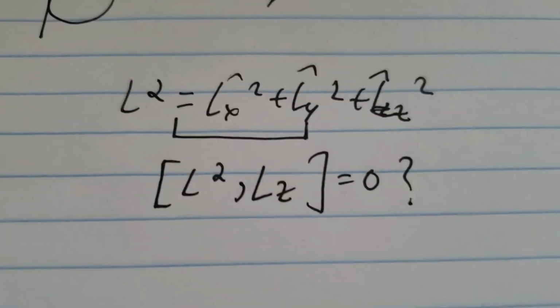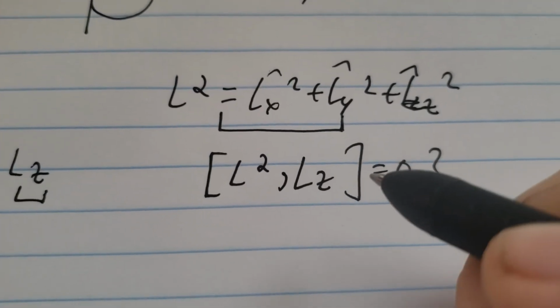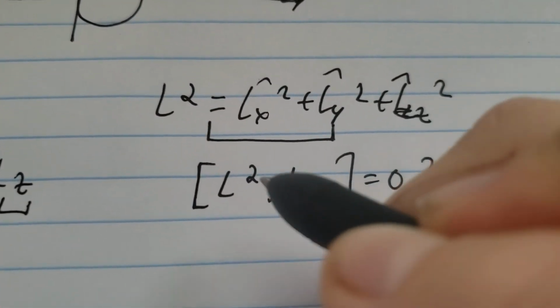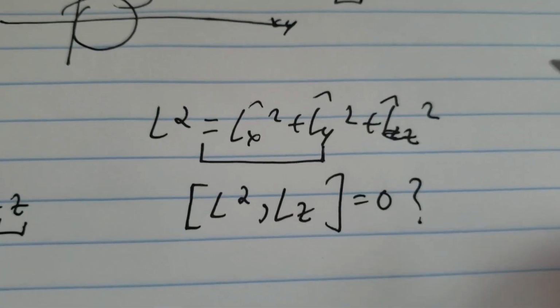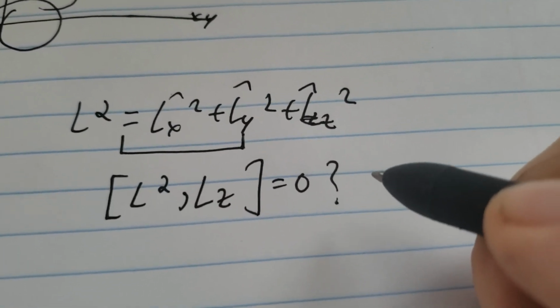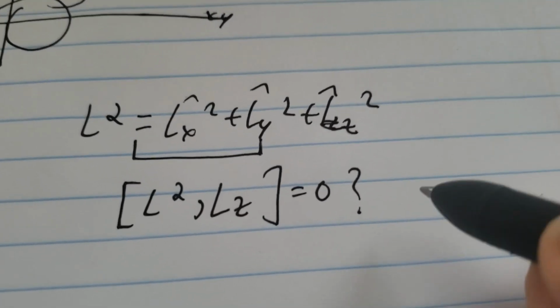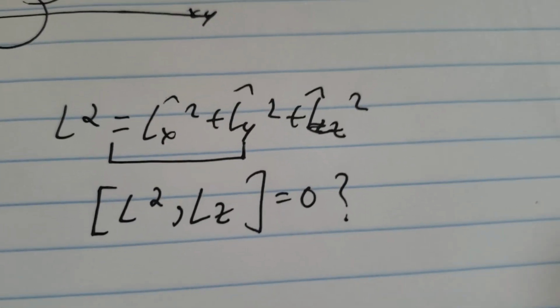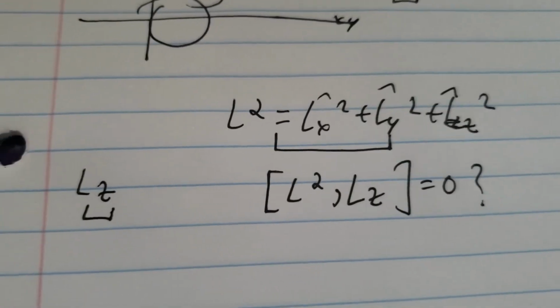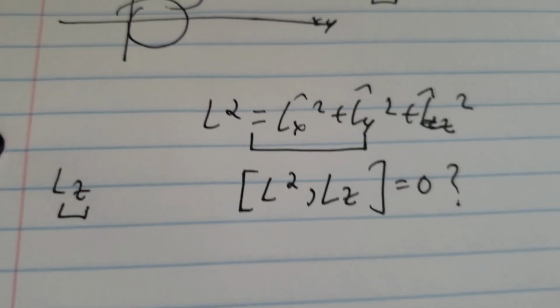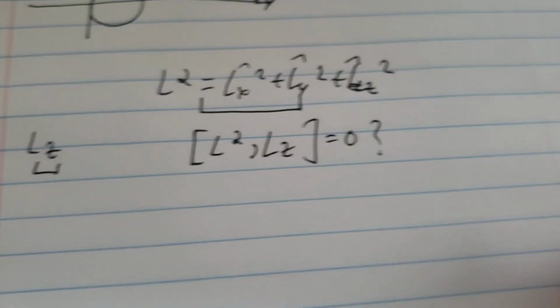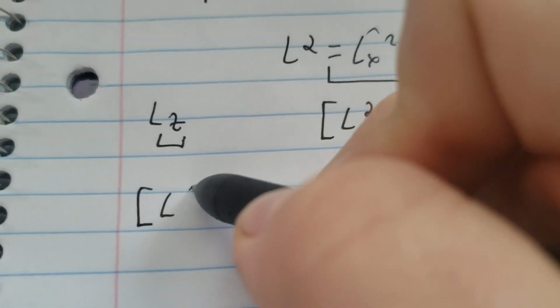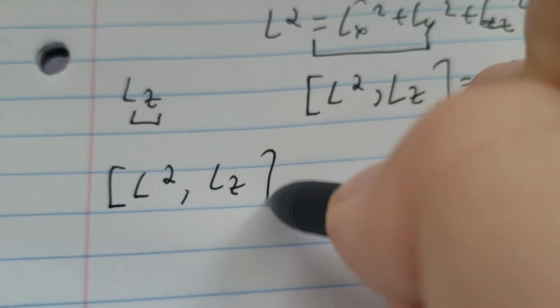We can have a state which is simultaneously an eigenstate of both L squared and Lz, which means that you can have a definite total angular momentum and a definite angular momentum in one of the directions, or in the z direction, for our case. And if it's not, then the answer is no. So we're going to compute the commutator between L squared and L sub z.